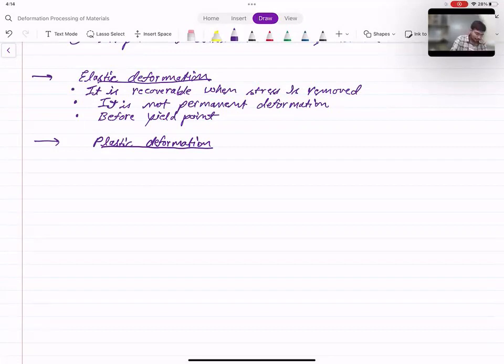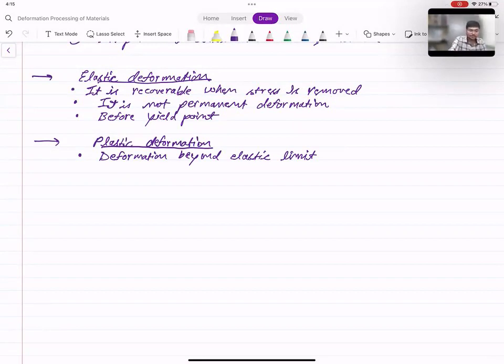So this is deformation beyond the elastic limit. And this occurs due to various phenomena like slip or dislocation movement, etc.